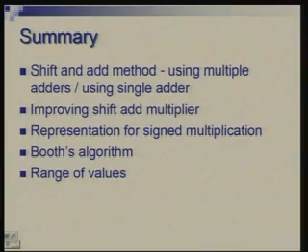Okay. So, to summarize, we began with our paper pencil method as we understood from early days of school, that you multiply the multiplicand digit by digit. So, same thing translates to multiplying the multiplicand by bits of the multiplier and then adding these partial products with appropriate weightage.